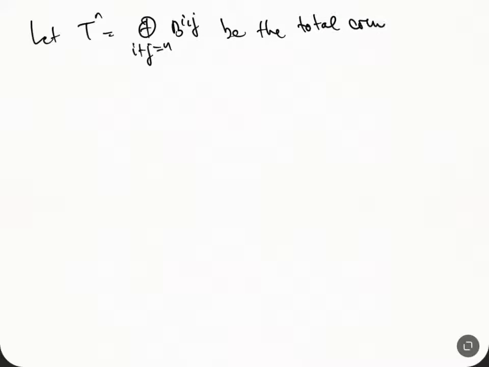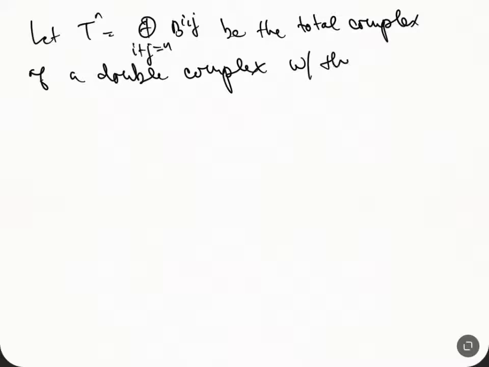So I want to continue with the double complex. So let T_n equal this direct sum, and let B_ij be the total complex of a double complex with the horizontal filtration.